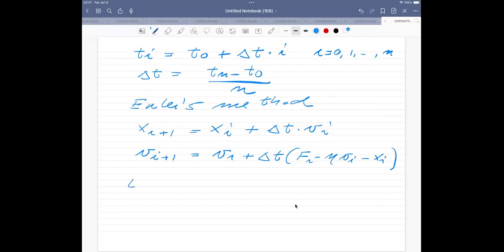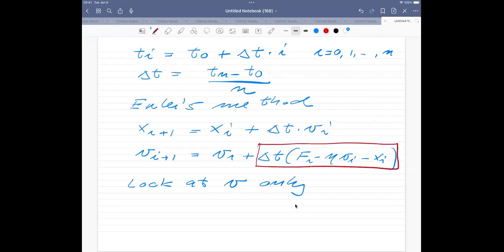So look at velocity now. Look at v only. What I can do now, I can rewrite this equation. If you now take this second term, which we have here, I can think of this as a specific function.